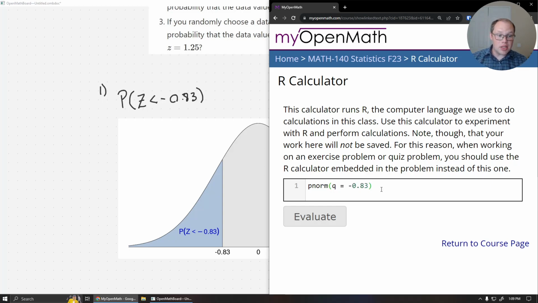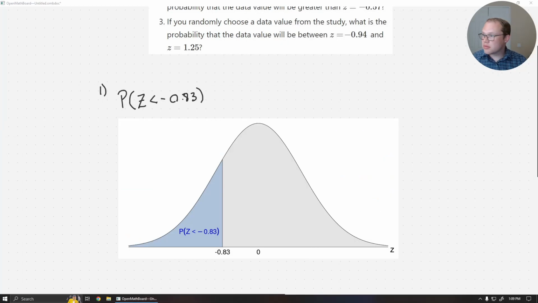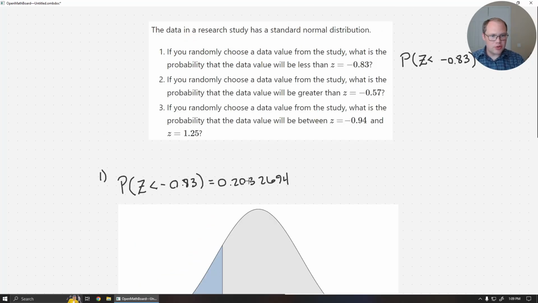It's going to calculate the probability that a randomly chosen value is less than negative 0.83 in the standard normal distribution. And it is 0.203, about 20%. More precisely, 0.2032694. So that one's fairly straightforward, not too tricky.